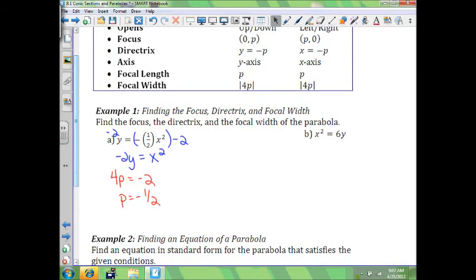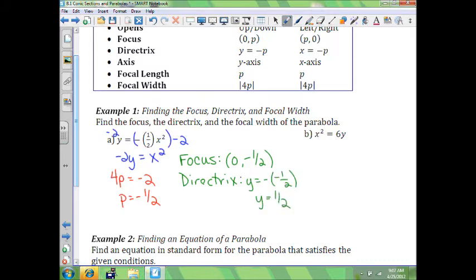So since p is equal to negative 1/2, my focus will be (0, p), so (0, negative 1/2). My directrix will be y equals negative p, which is 1/2.